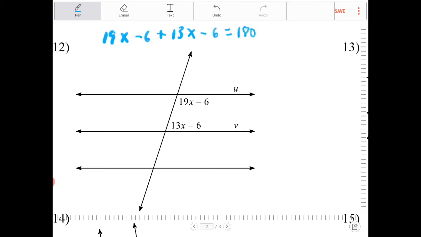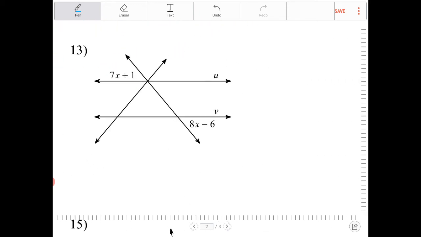Combining like terms on the left-hand side, I will end up with 32x minus 12 is equal to 180, or 32x is equal to 192. If I divide both sides by 32, I'll end up with x equal to 6.